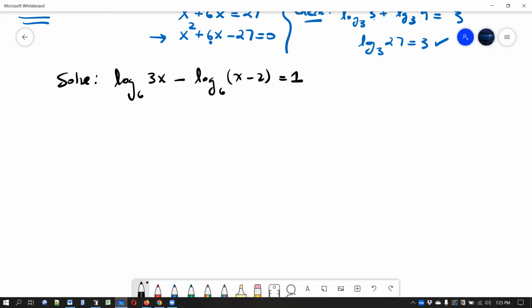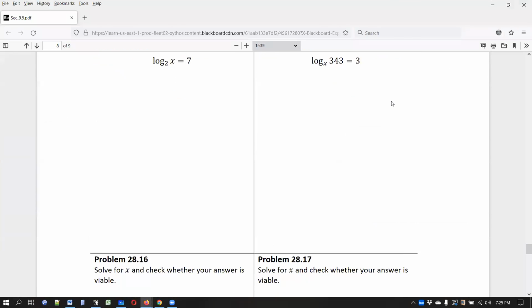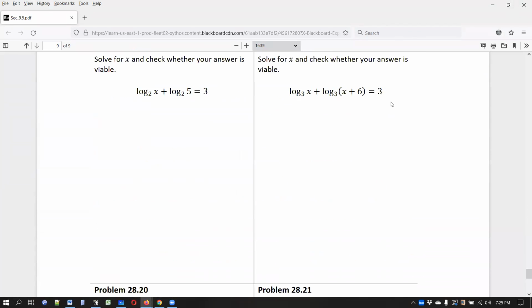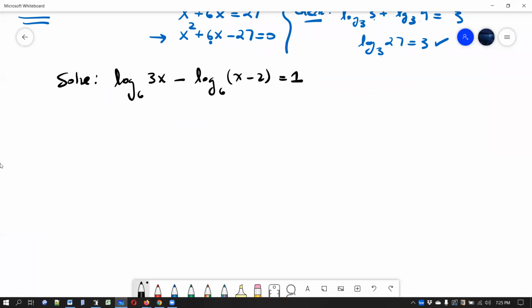Let's just check to make sure that this is okay. 28, 21, log base 6 of 3x minus log base 6 of x minus 2 equals 1, yes, that's correct. And let's do the problem. I have two expressions. I must condense it into one, but because of the minus, the property now is division. Log base 6 of 3x over x minus 2 equals 1.